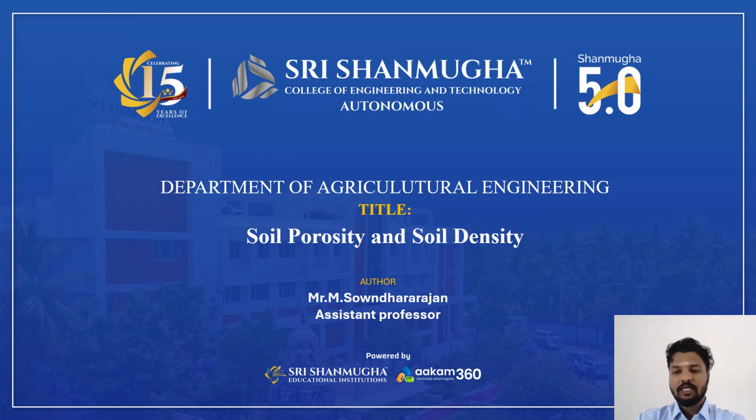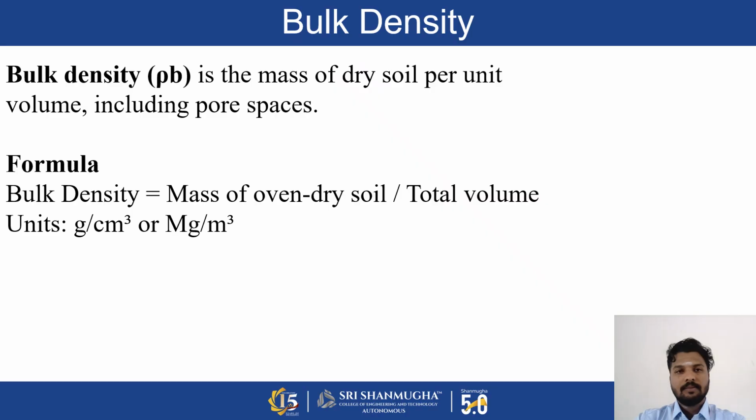First of all, we're going to see bulk density. I have given the definition for bulk density in this slide. Bulk density is denoted as rho b. Bulk density is defined as the mass of dry soil per unit volume, which includes the pore spaces.